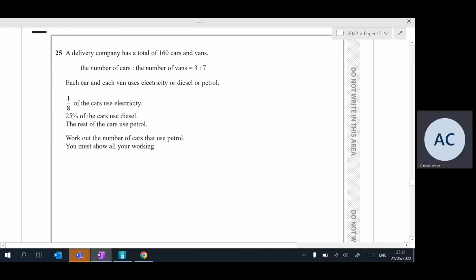So there's a lot of information in this question. 160 cars and vans. Number of cars to vans is 3 to 7. So I'm going to split my 160. I've got 10 parts to my ratio. So one part of your ratio is 160 divided by 10, which is 16.